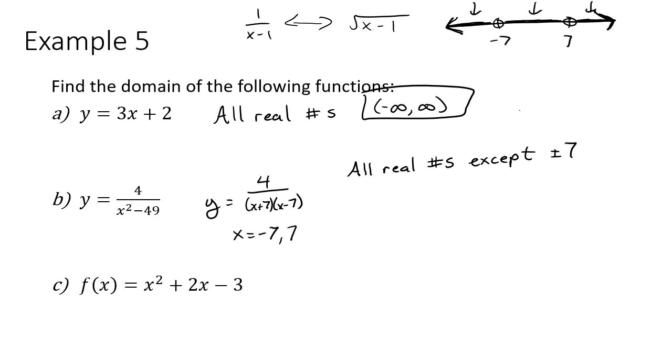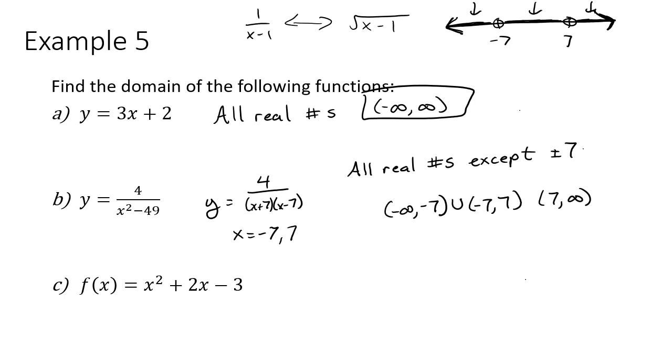And so the domain of this function in interval notation would be negative infinity to negative 7, parentheses, because negative 7 itself is not included, it's a hole in the domain. The one in the middle would be from negative 7 to positive 7 with parentheses. And the one on the right would be from positive 7 to positive infinity.